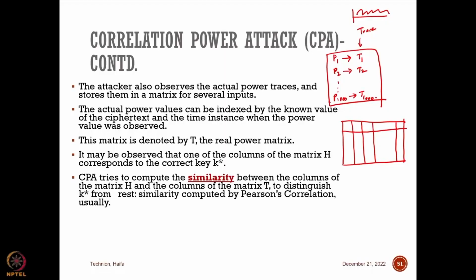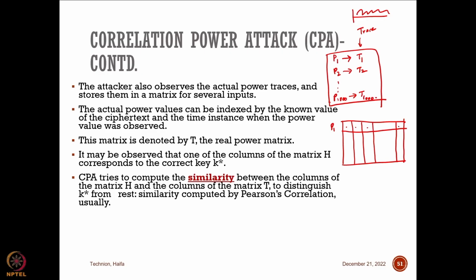Remember that with an oscilloscope we were sampling the real power trace at a certain frequency, so you have some real values. The trace corresponding to the plaintext P1 is stored as a row in this matrix, where each element is a real value.